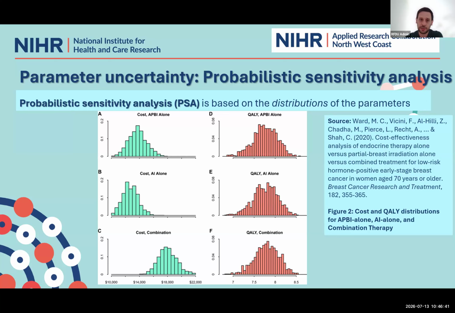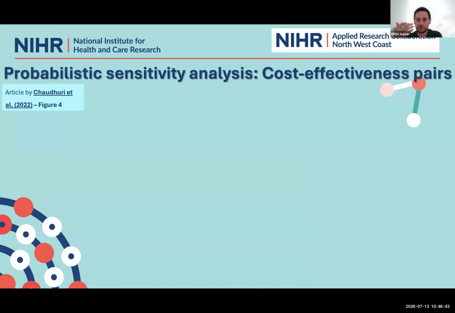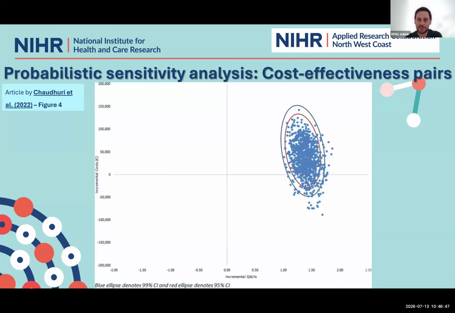So once you perform this random draw of plausible values several times, you end up with a figure like this. I'm sure some of the economic evaluations you're looking at will have similar figures. This is a cost effectiveness plane with several cost effectiveness pairs displayed here.